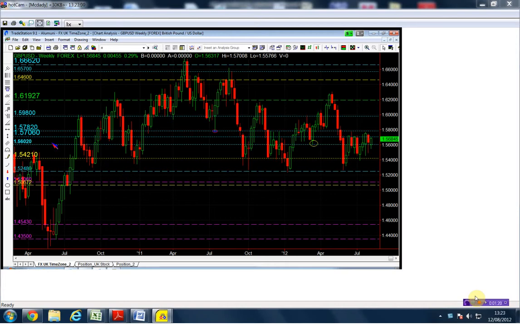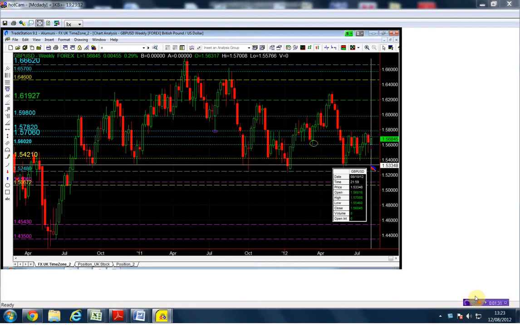As long as we're below the 157.82, our bias is to the downside, and you can see the high of the day is the 157. It couldn't get to the 157.06 even.